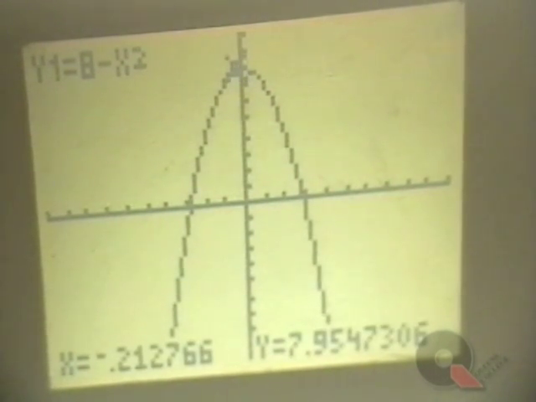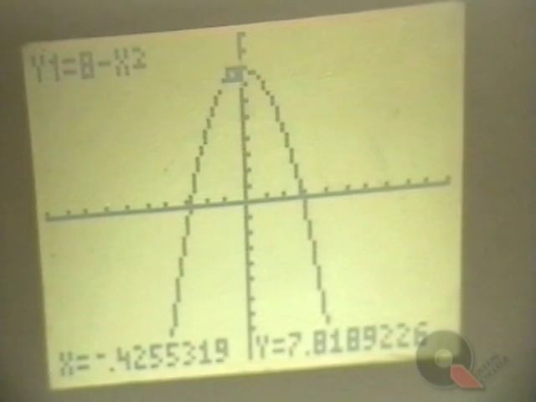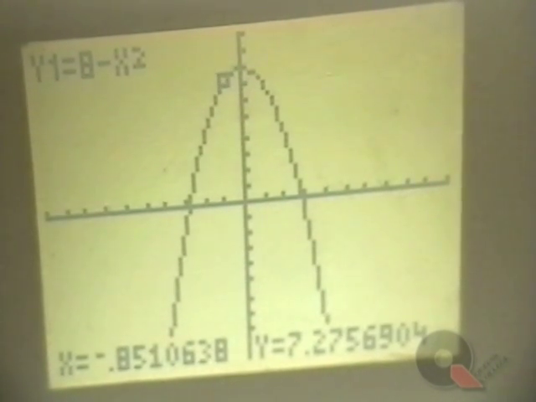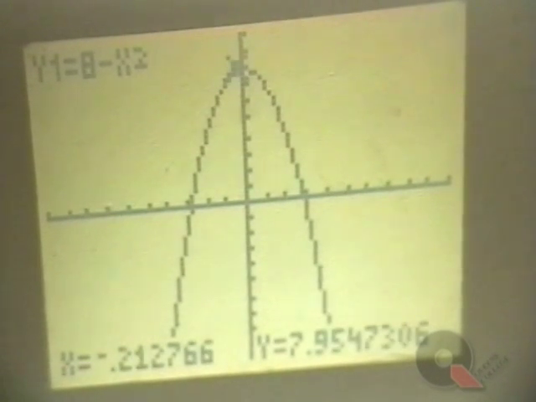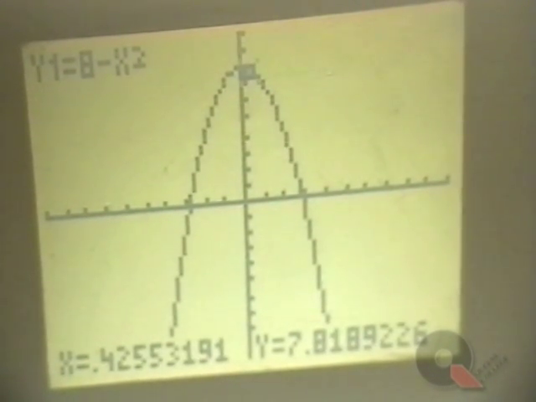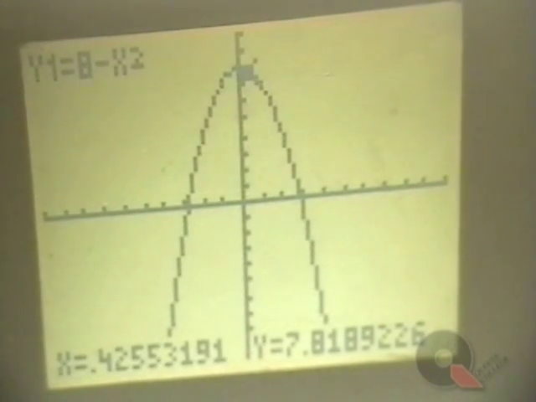We go to the left, minus 0.213, minus 0.426 for the x coordinate. If we just look at the x coordinates, from minus 0.213 to 0 to 0.213, 0.426, we seem to be incrementing by 0.213.